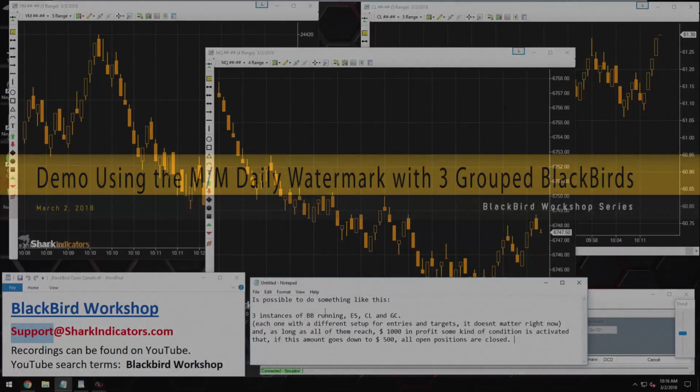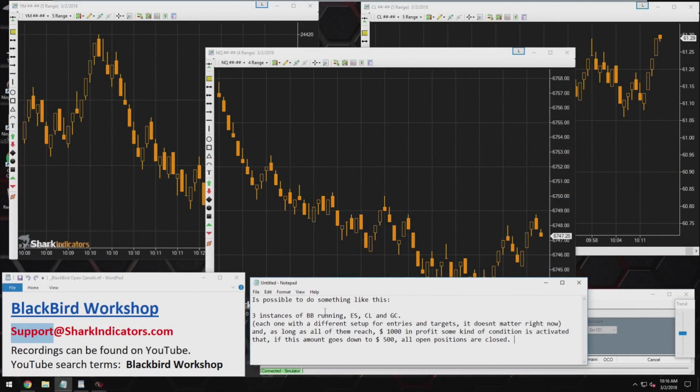So this question here is primarily a question about using the high watermark in BlackBird's money management section here. So this is a pretty typical situation of why the money management, but specifically why the high watermark was created here.